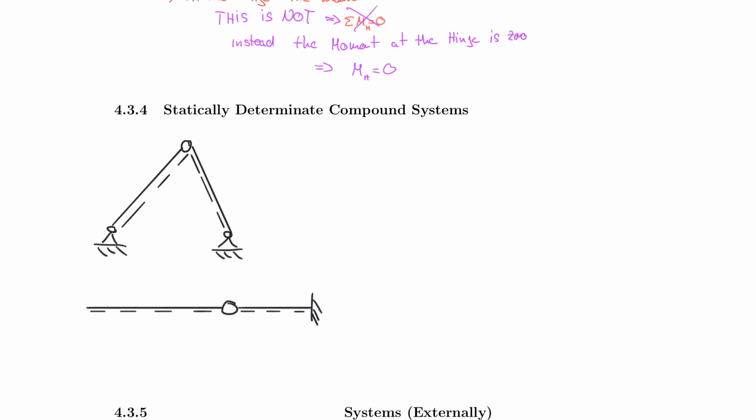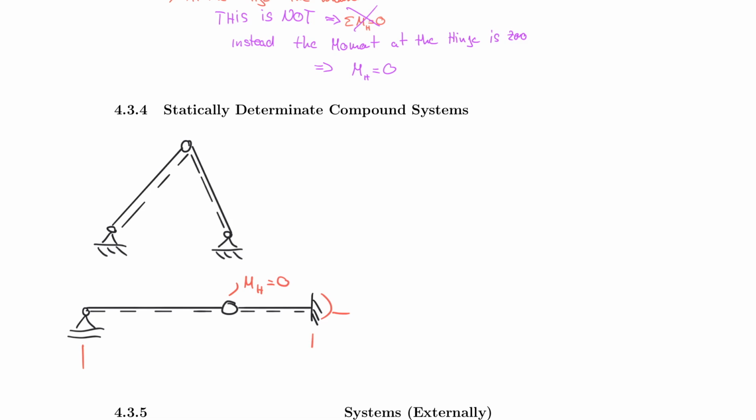What can I do to stop it from being kinematic? I can just support it anywhere. I just choose to do it at the end here right now. So I have one more support on there. And now if I count my support reactions, what do I have? I have 1, 2, 3 support reactions on the right side and 1 support reaction on the left side, gives me 4. But I also have that the moment at the hinge is equal to 0.